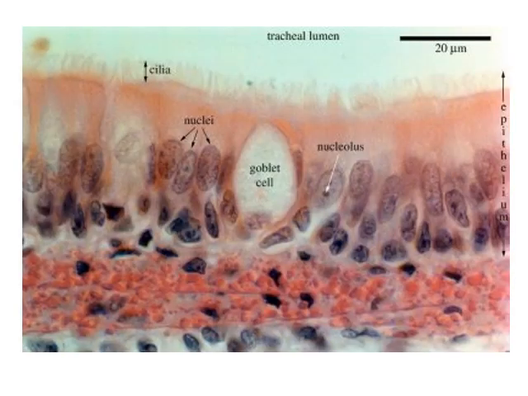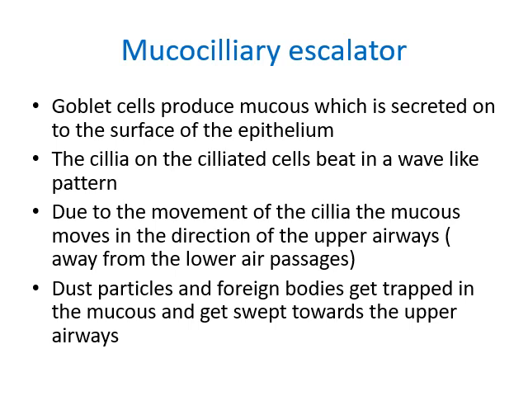Here again there's another picture for you. Here you can see the cilia, the different nuclei, the goblet cell, right? And you can visualize the pseudostratification, cilia and the goblet cells. Now what is the mucociliary escalator? As I told you, the goblet cells produce mucus which is secreted onto the surface of the epithelium.